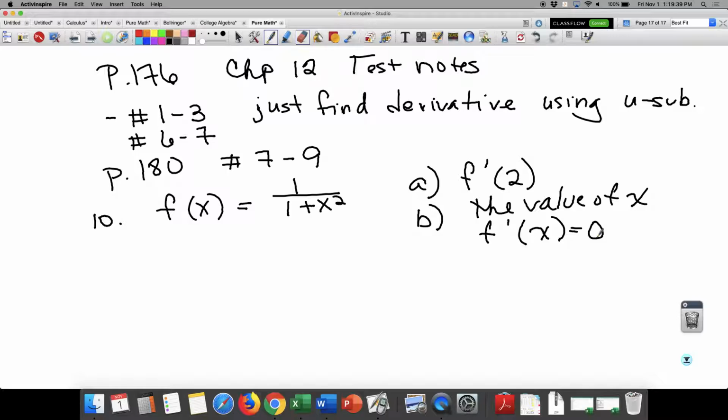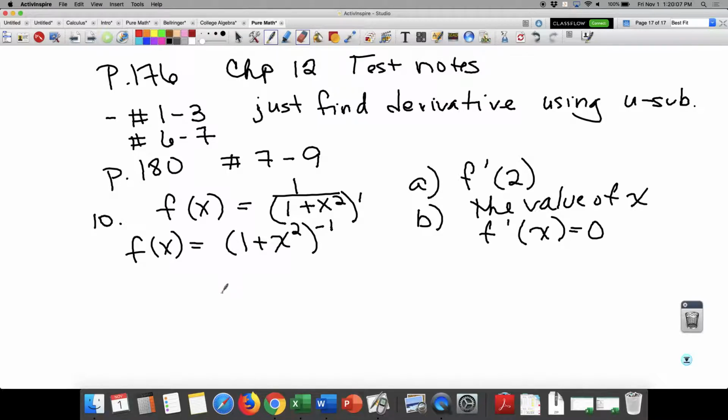Now, I don't like radicals and I don't like fractions, so I'm going to rewrite this as 1 plus x squared, to the negative 1. This whole thing is grouped to the negative first power.